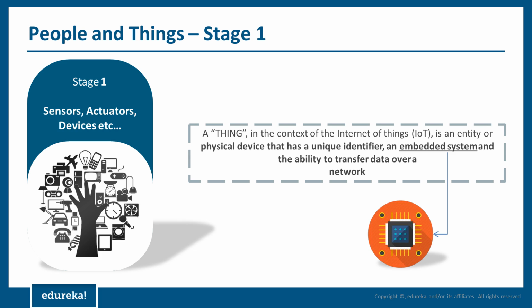So unique identifier. Second is an embedded system. Because at the end of the day, the sensor, after some processing of that information, will have to send that data to the cloud or somewhere else to be processed. So it needs some logical capability. So when we say an embedded system, it could be something like an Arduino, or even a PLC can work at a lower level, or something like a Raspberry Pi, which is a much more full-fledged computer system.